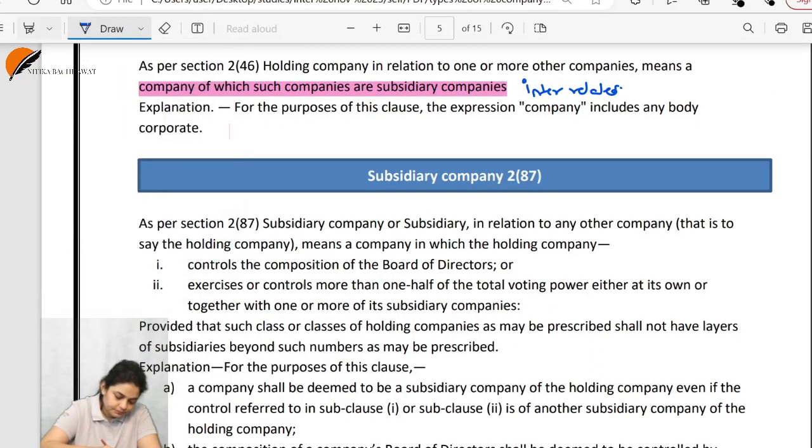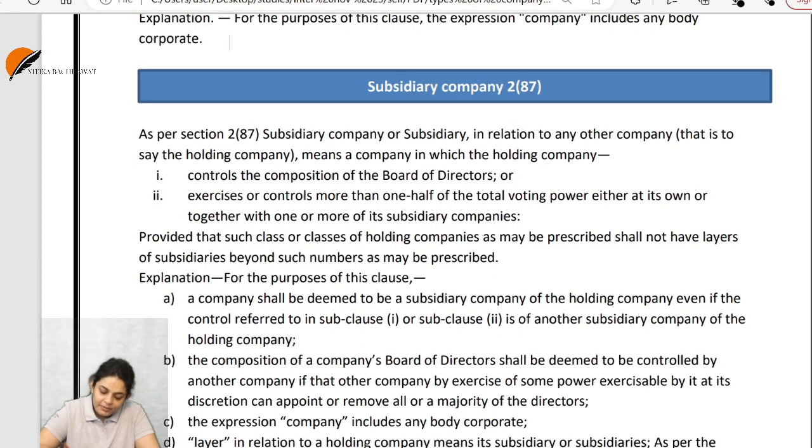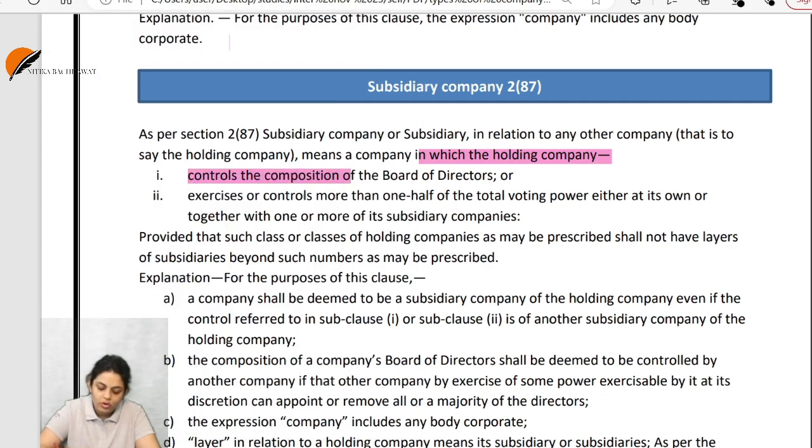Now, subsidiary means a company in which the holding company controls the composition of the board of directors. So please understand, who is controlling the composition of the board? The holding company.